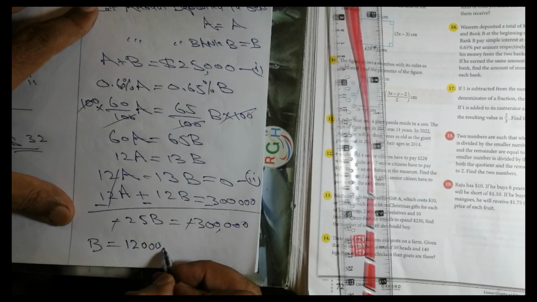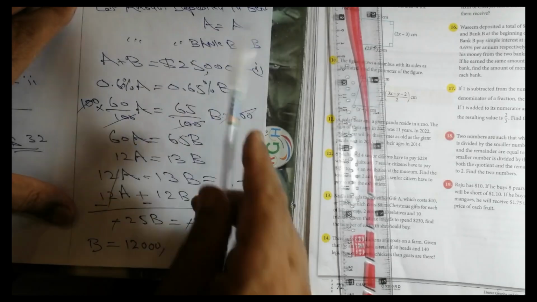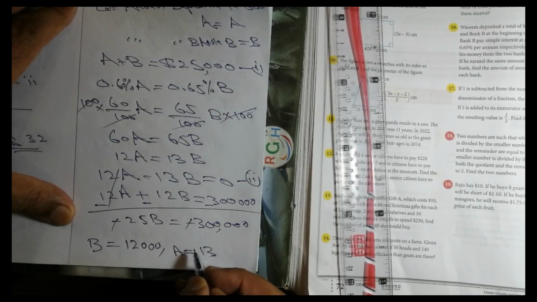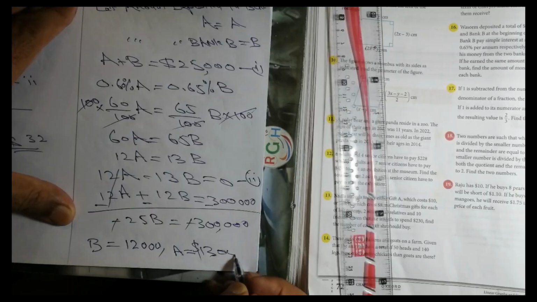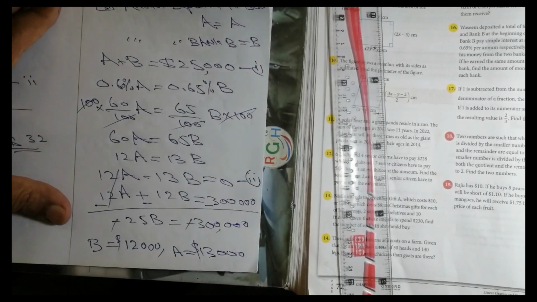This is B, the amount deposited in bank B, and if we put this value in equation 1, we will get A, the amount deposited in bank A, that will be $13,000. This is also in dollars. So this was the answer.